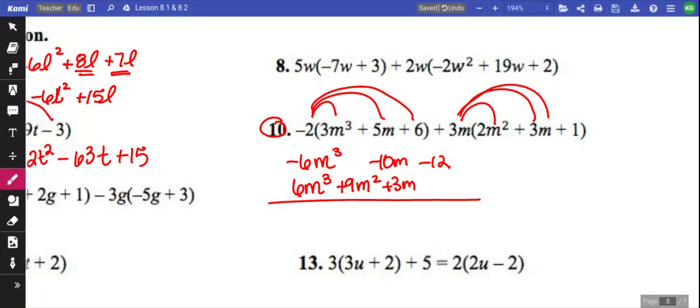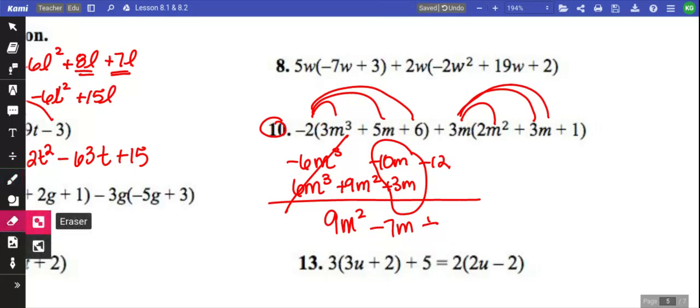So notice I'm still trying to line up common exponents. So these would cross out, leaving 9m squared. Combine these to be negative 7m plus 3m. Oh, negative 12. There it is.